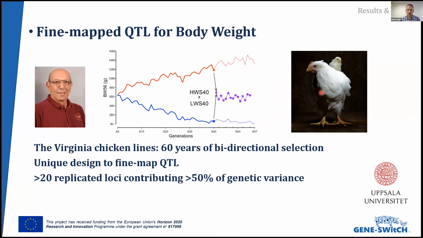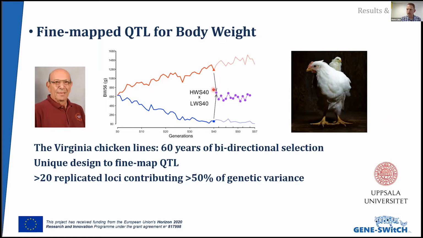Then a little bit about the fine mapping activity in chickens for body weight. Here the group of Örjan Carlborg at Uppsala University is using data from the Virginia chicken lines. These lines are very interesting in the sense that for 60 years they've been doing bidirectional selection for body weight. There's been a line where body weight was continuously increased by selection, and another where it was continuously decreased.